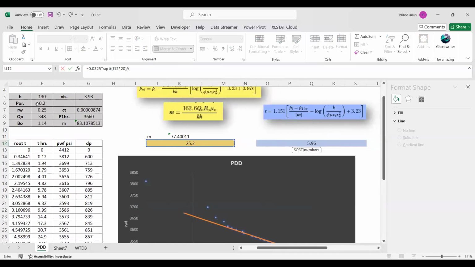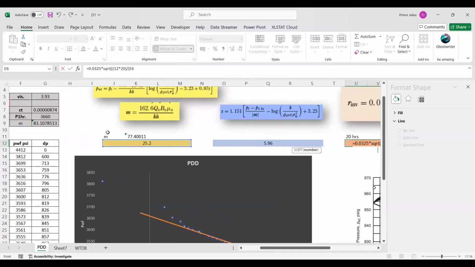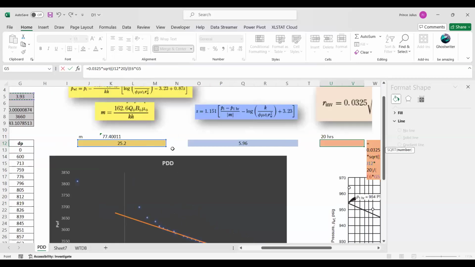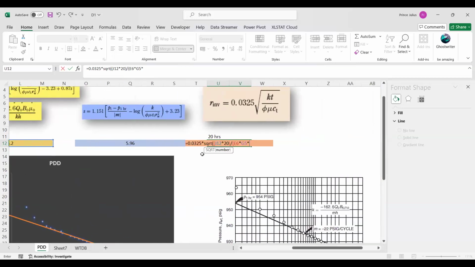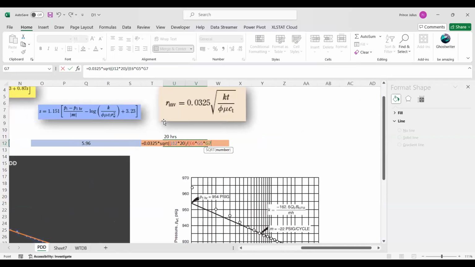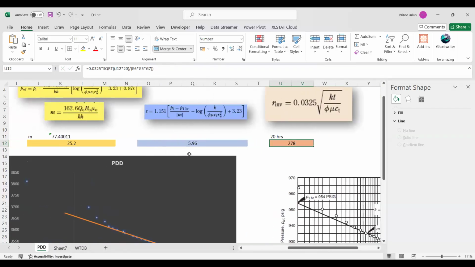So phi was porosity, mu was viscosity, into total compressibility. Close it, and one more bracket, and enter. So 278 feet, the pressure disturbance has progressed into your reservoir. This is how the radius of investigation can be estimated.